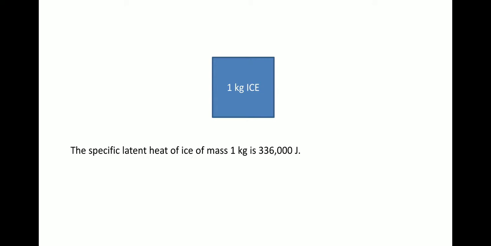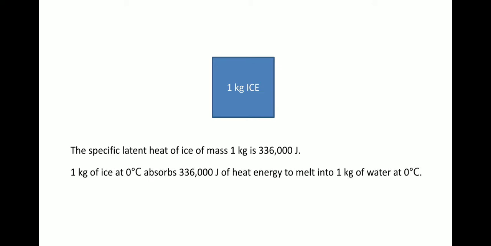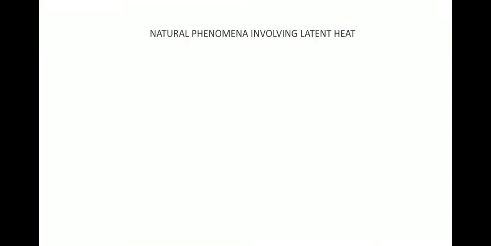So 1 kg of ice at 0 degrees Celsius absorbs this heat energy of 336,000 joules to melt into 1 kg of water at 0 degrees Celsius. Or similarly, we can say that 1 kg of water, in order to freeze at 0 degrees Celsius to form ice, will liberate 336,000 joules of heat energy. Next are the natural phenomena involving latent heat.